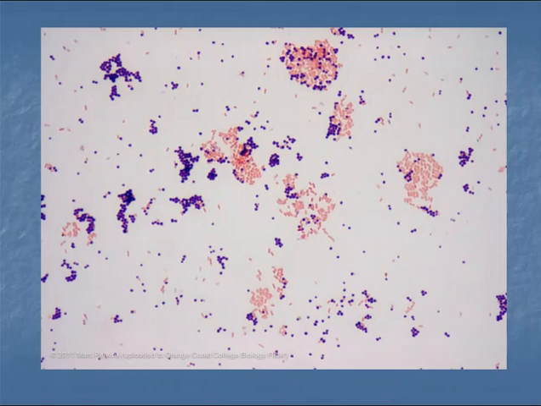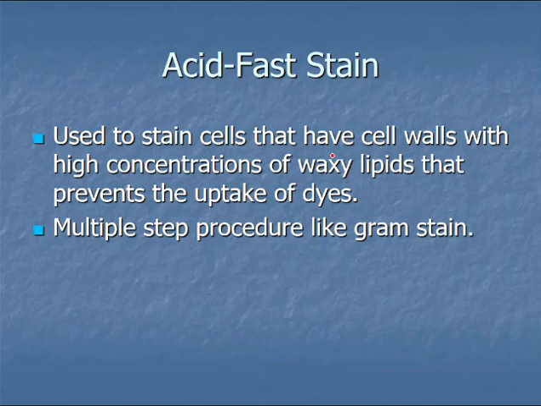Now, they will typically also order a culture and sensitivity at the same time, and we're going to cover that here in just a minute. But the acid-fast stain I mentioned earlier is very similar to a gram stain, except that you have to use additional steps and additional chemicals in order to remove the waxy lipids that are surrounding the bacteria that will keep the dyes from actually connecting to those.